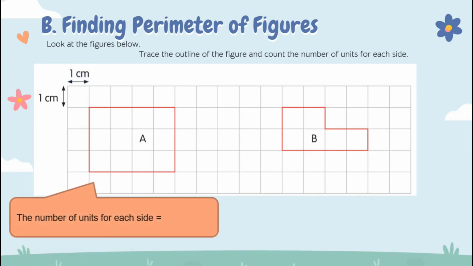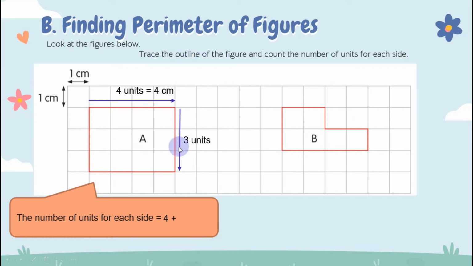So, the number of units for each side is 4 units equals 4 centimeter because 1 unit equals 1 centimeter. And then we write 4.